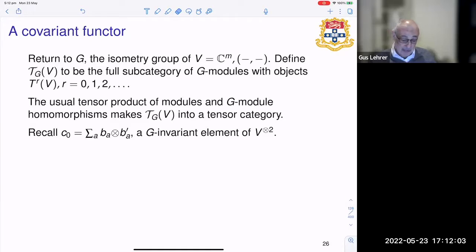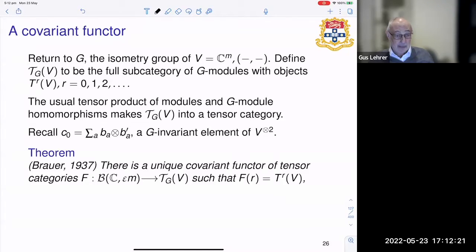Now, remember this element C0, which is called a Casimir element. It's G invariant, and it's G invariant of the tensor square, and Brauer made use of it.